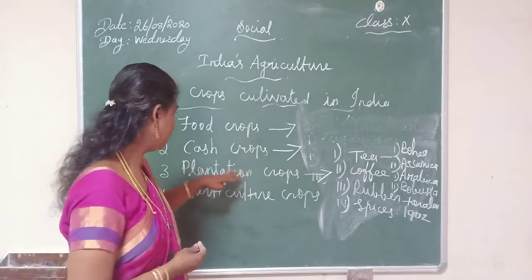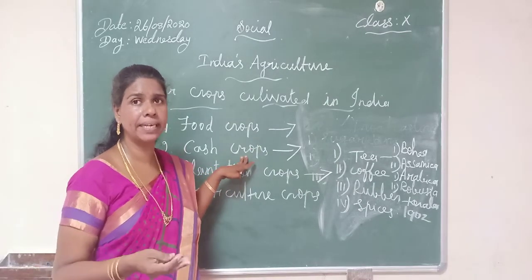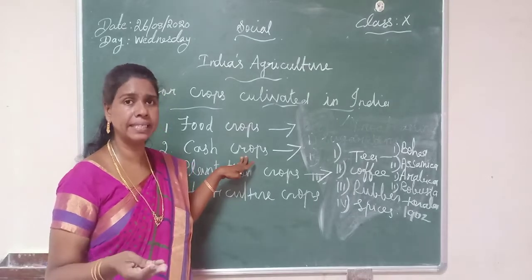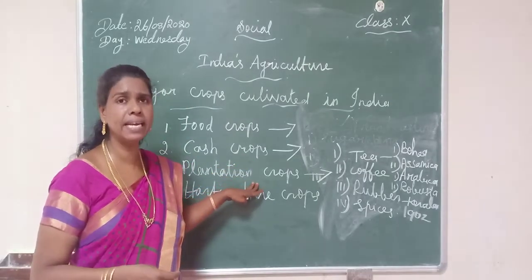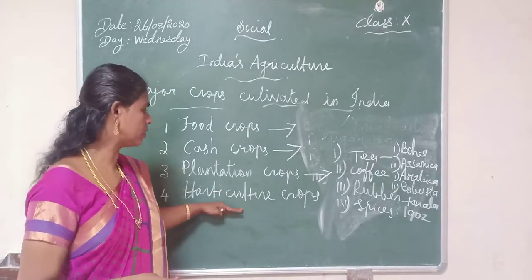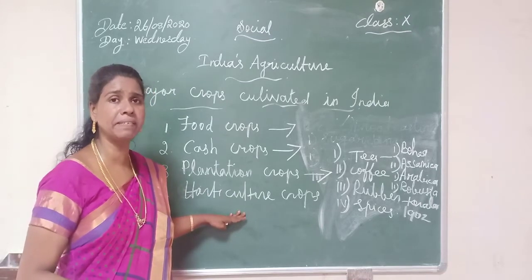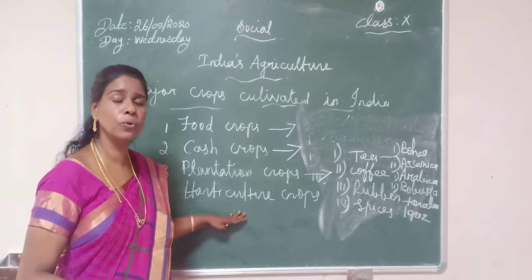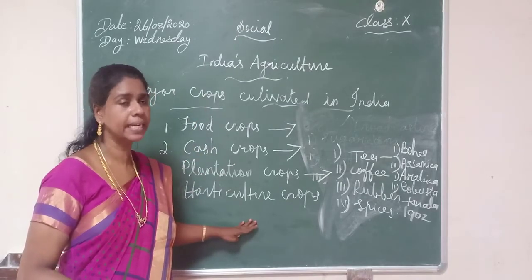Then the major cash crops are sugarcane, cotton, jute, oilseeds, etc. Then the major plantation crops are tea, coffee, rubber, spices. Then the last one is horticulture. Horticulture refers to the cultivation of flowers, fruits and vegetables. These all things are cultivated in India.